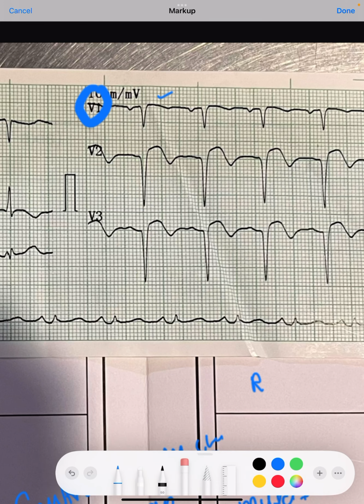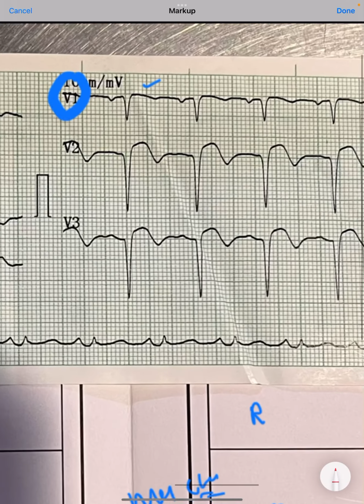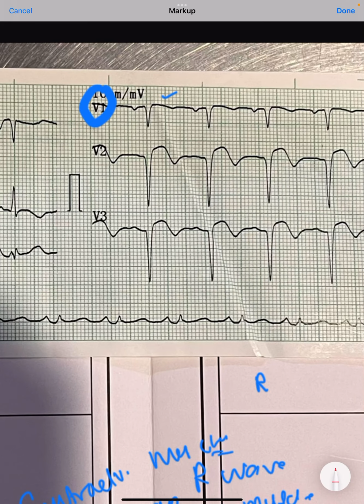This particular patient had presented with chest pain which was there around a day or two back, and we can very easily see that there is no R wave, there is a QS pattern. And we can very clearly see that there is ST elevation. This is the ST segment elevation.